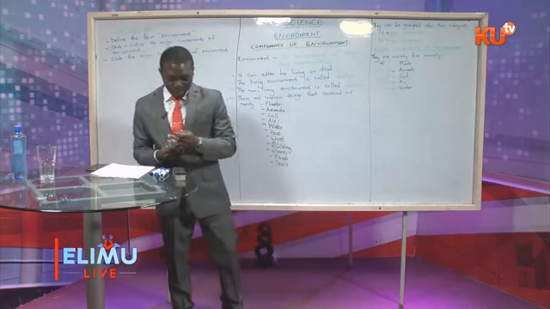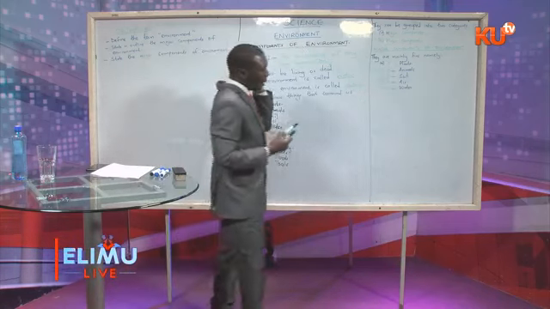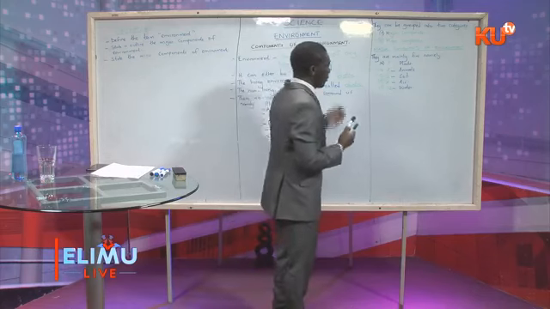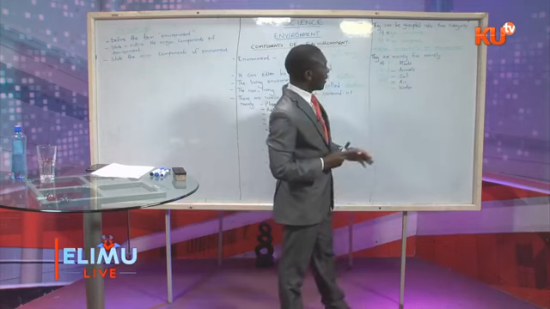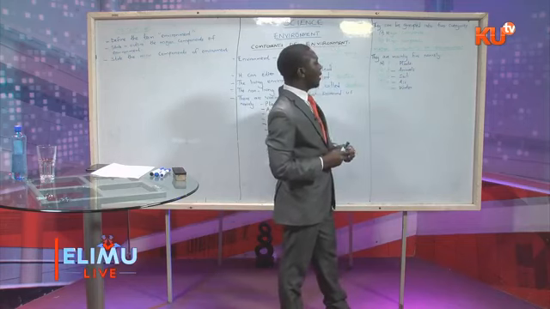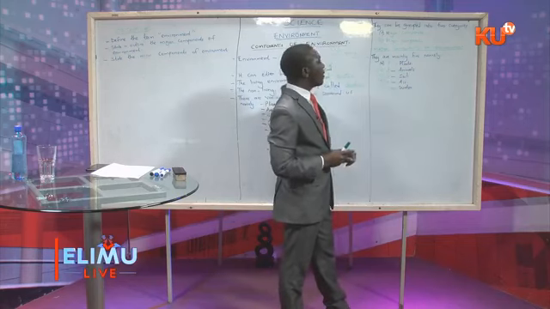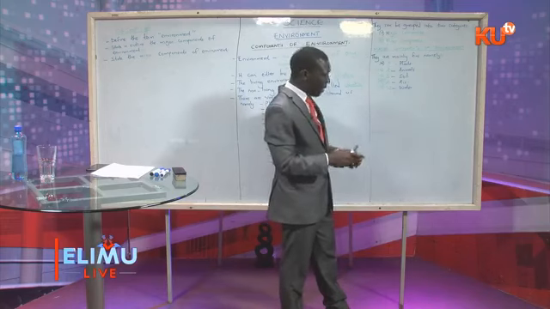Under these major components of environment, we realize that they can also be grouped into two. If you look at soil, it is not a living thing. Air is not a living thing. Water is not a living thing.